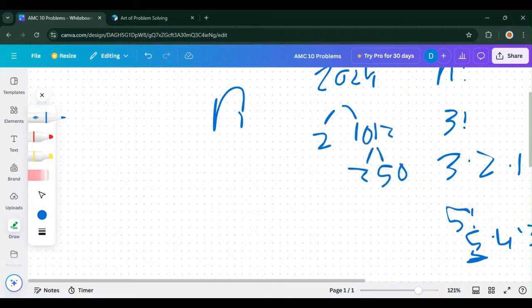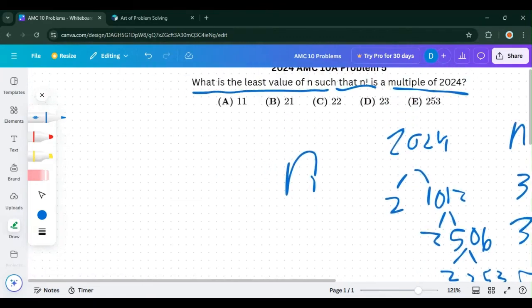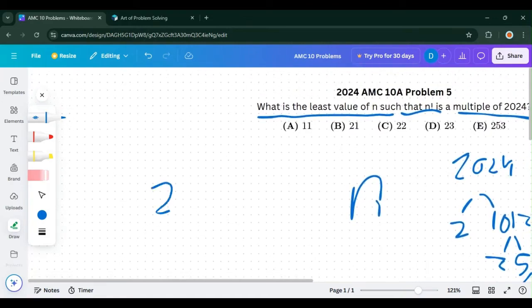I went ahead of myself. 253, and then we have 11 and 23. So the prime factorization of 2024 is just 2 to the power of 3 multiplied by 11 multiplied by 23. That's going to help us solve it as well.